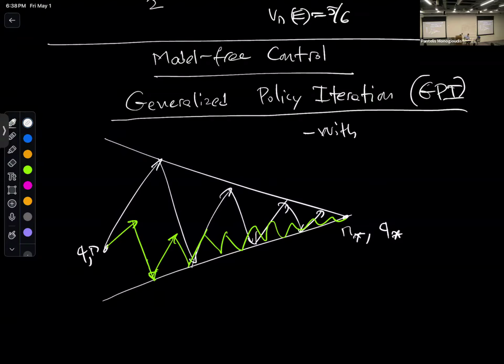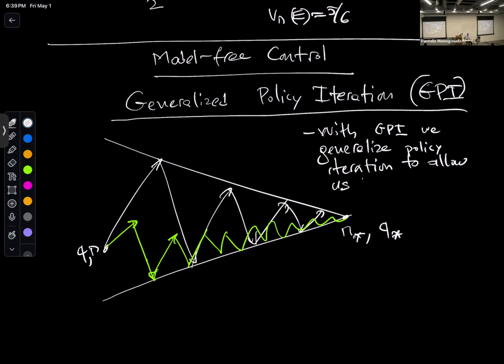With GPI, we generalize policy iteration to allow us to take incomplete steps towards each goal.